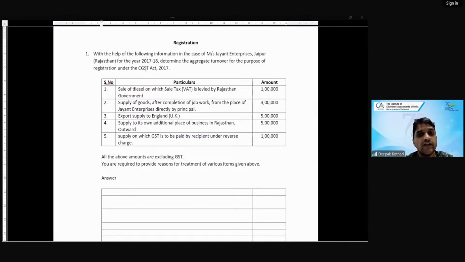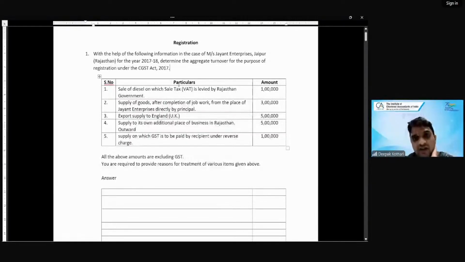Okay, so the first question is: with the help of the following information, in the case of Messrs. Giant Enterprises, Jaipur, which is in the state of Rajasthan, for the year 17-18, determine the aggregate turnover for the purpose of registration under the CGST Act 2017.